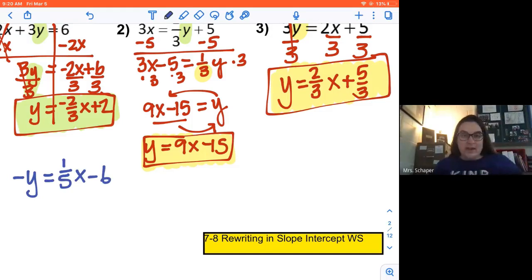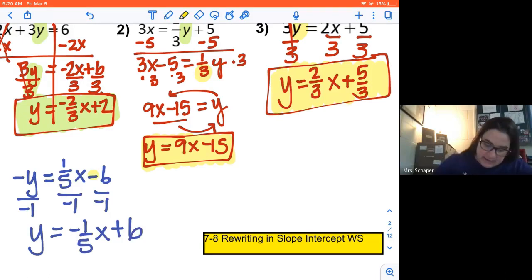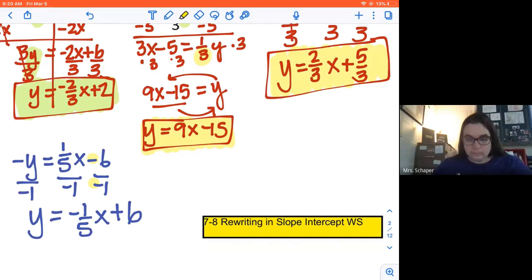And you might think, hey, the y is by itself, woohoo! But really, it's not quite there because I want to get that negative to be positive. So I'm going to divide everything by -1, and I'm going to get that positive y equals negative 1/5 x plus 6. And the reason it's plus 6 is because I have two minus signs that I'm simplifying.